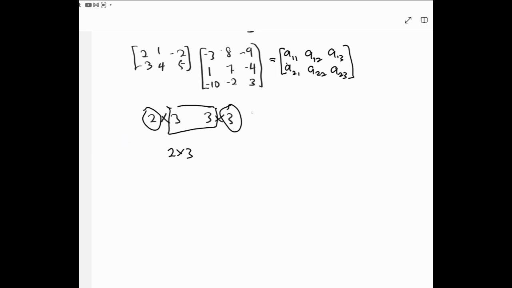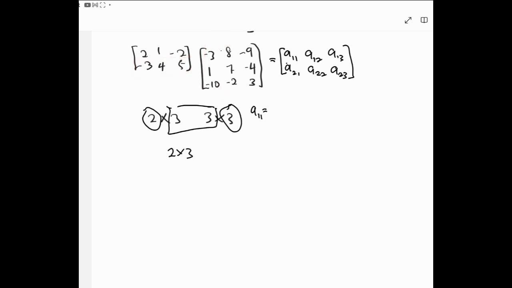So for A11, the way to multiply it is by multiplying between the row with this column to get A11. And then for A12, we're going to multiply this row with the same column.